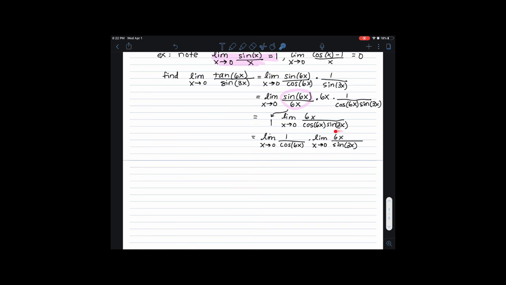So this would be 0 over 0, which we know is not defined and we haven't simplified far enough. But here, the cosine of 0 is just 1, so this becomes 1 divided by 1 times the limit as x goes to 0 of 6x over sine of 3x.